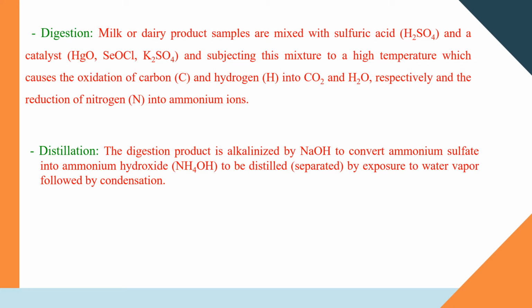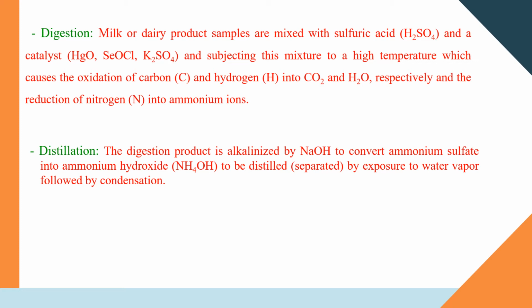It is converted from the gaseous state into a liquid state by condensation. So the purpose of distillation, as I mentioned, is to separate ammonium, but in this case, it's going to be separated in the form of ammonium hydroxide.